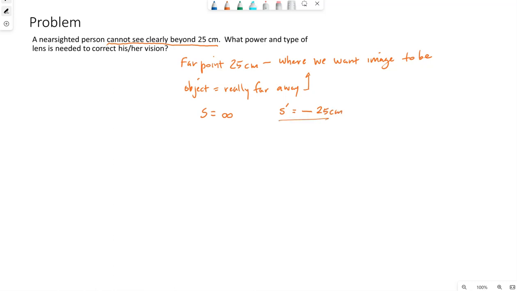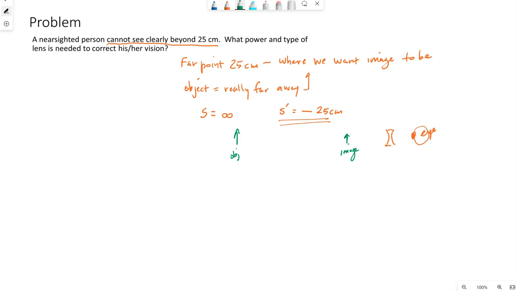Why negative? Well, if we think about the diverging lens that we're looking through, so here's our eyeball. That's a kind of scary picture. Anyway, our eye. If we're looking at something really far away, but we can only see it clearly up here, we just need it to be closer.